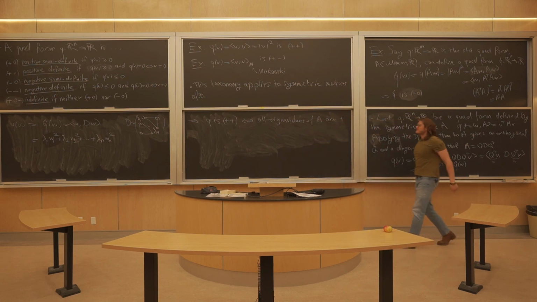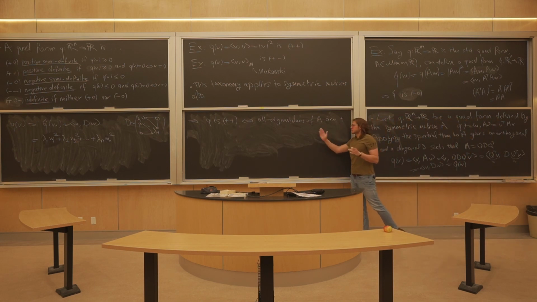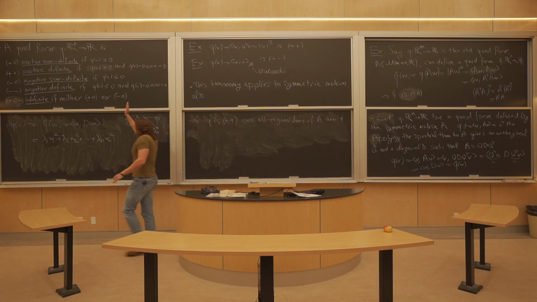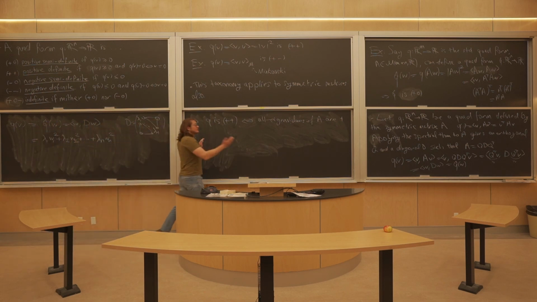I know that because A is a symmetric matrix, by the spectral theorem, all eigenvalues of it are going to be real numbers. I don't know their signs. So classification of the quadratic forms in the context of this positive definite business is about the signatures, the signs of the eigenvalues. Not necessarily the values, but the signs.